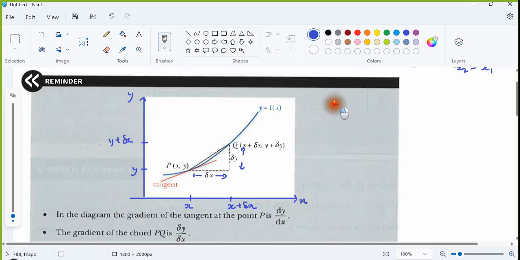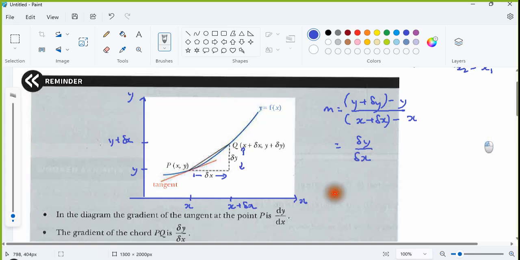So the gradient for this case is (y plus del y minus y) over (x plus del x minus x). So y minus y cancel, then we have del y over del x.